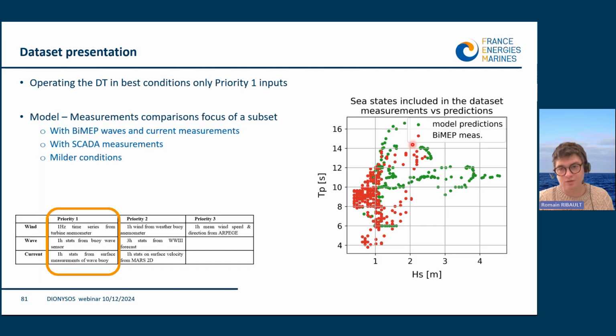As you can see, because we don't have a very extensive data set, but maybe it will come later on, we are still in mild conditions. So all that I present is below 2.5 Hs.